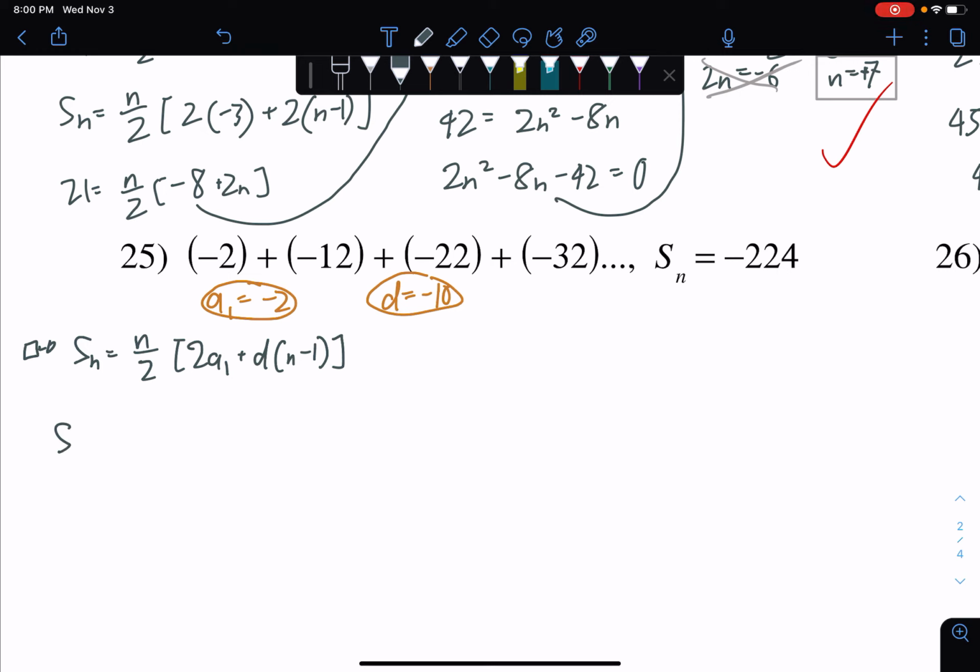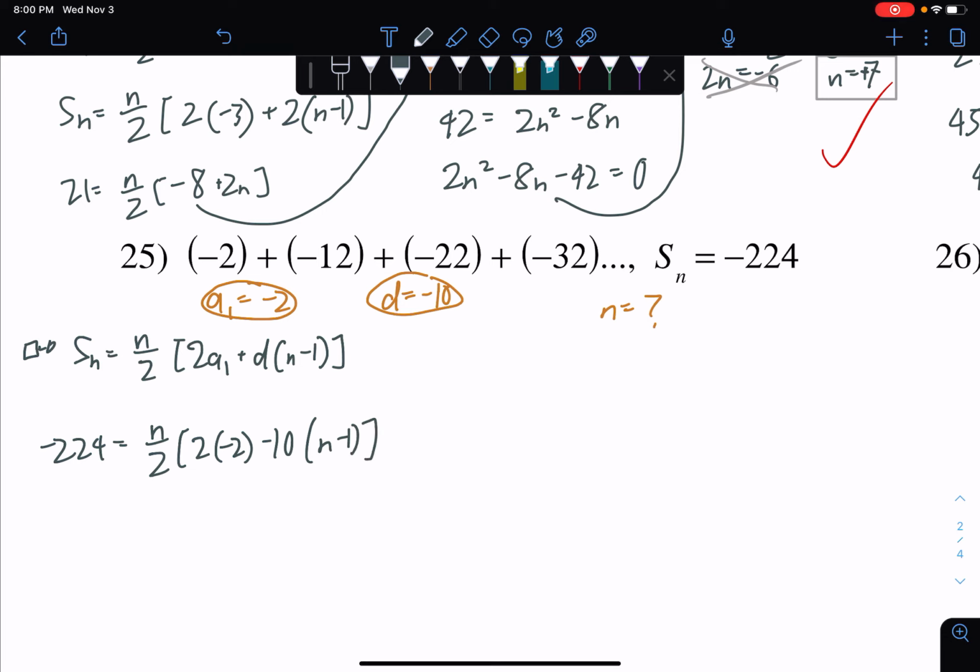We don't know what n is, by the way. That's one observation. But we do know what S sub n is, which is negative 224. So negative 224 is equal to n over 2 times the quantity 2 times a sub 1, which is negative 2, plus negative 10, times the quantity n minus 1.